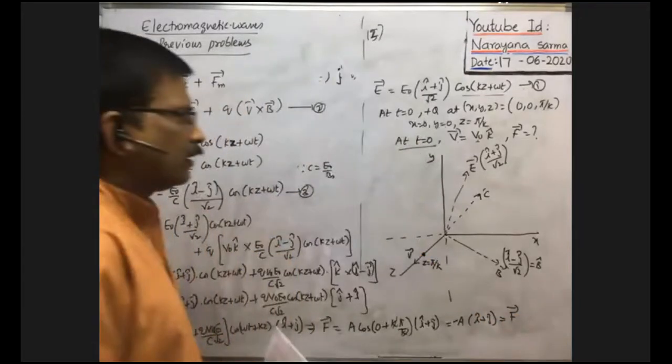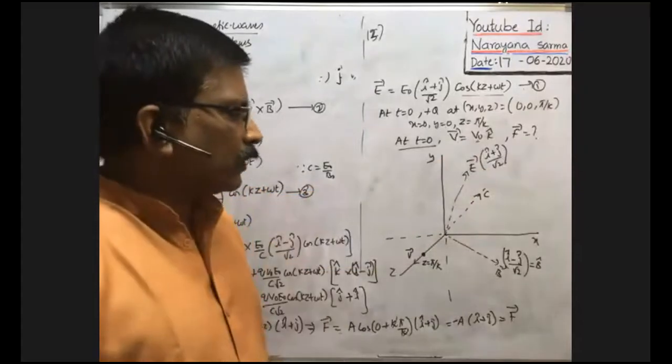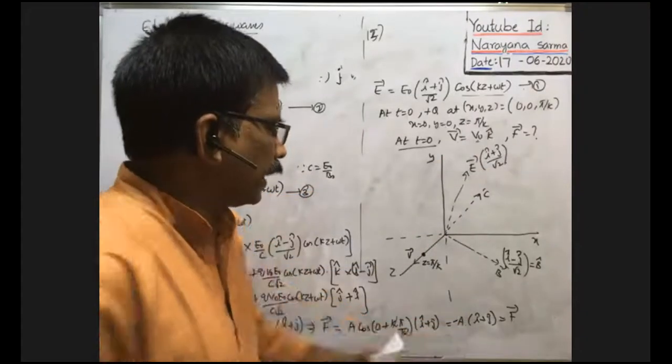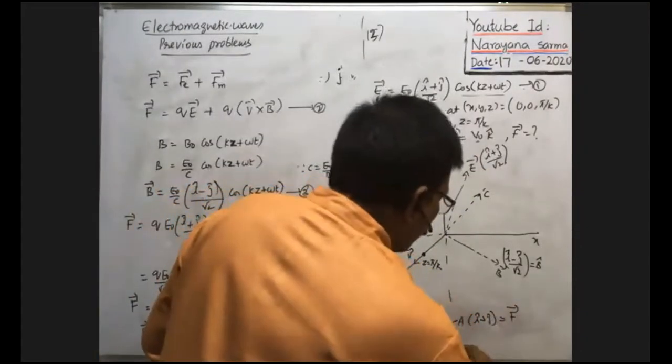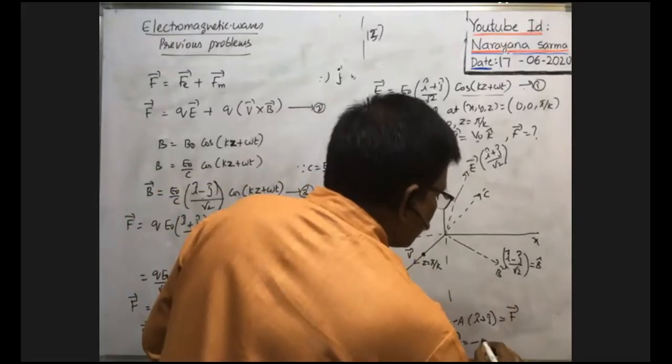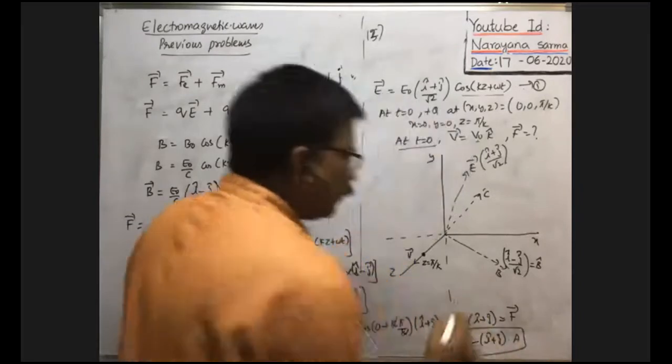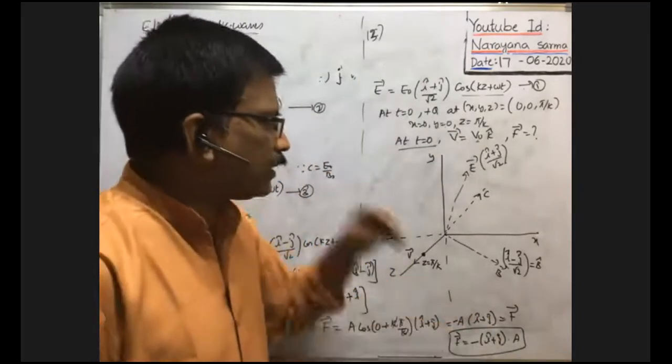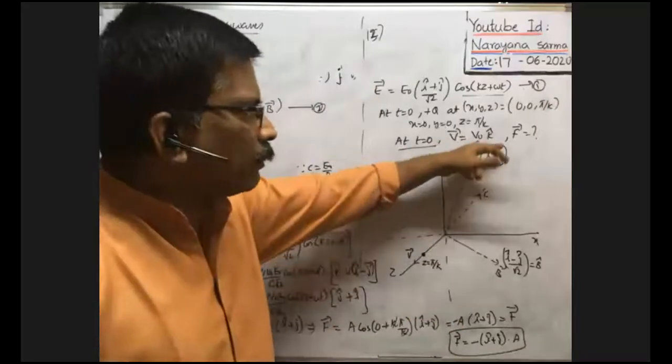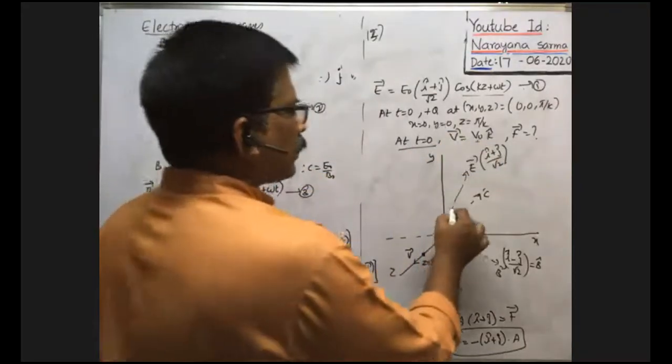Definitely that is opposite to i cap plus j cap, no? Here we got F bar equal to minus A into (i cap plus j cap). That means minus of (i cap plus j cap) is exactly opposite to i cap plus j cap.